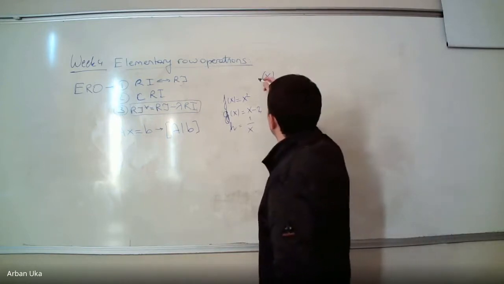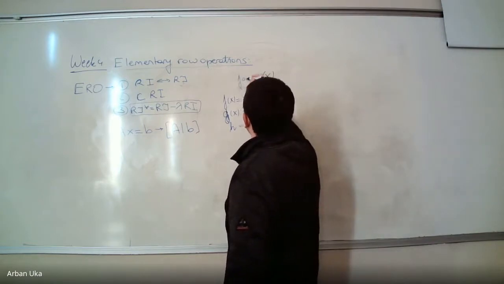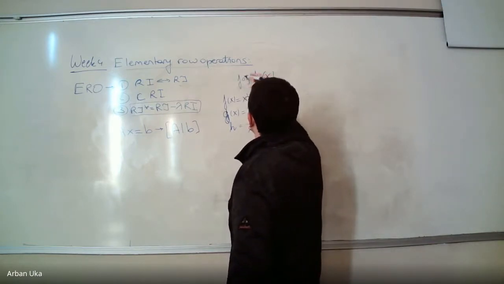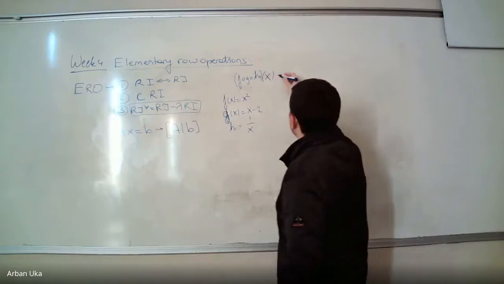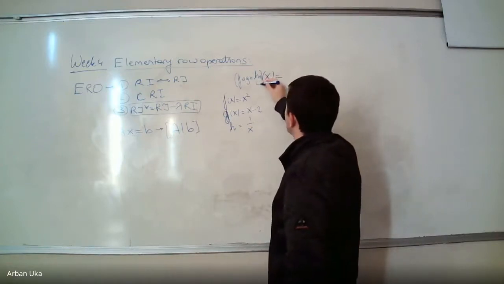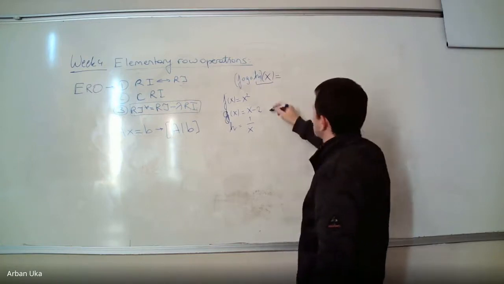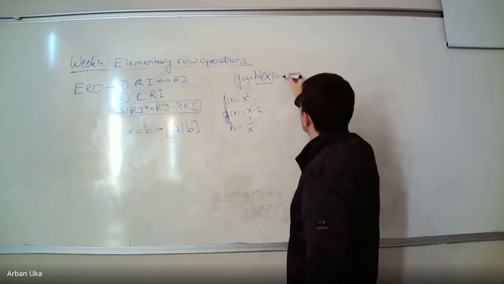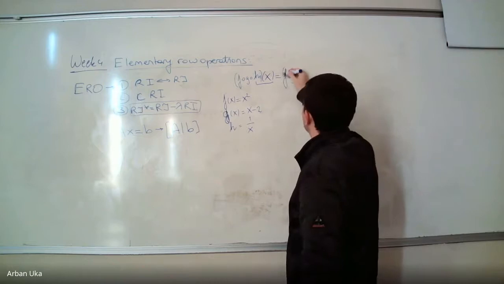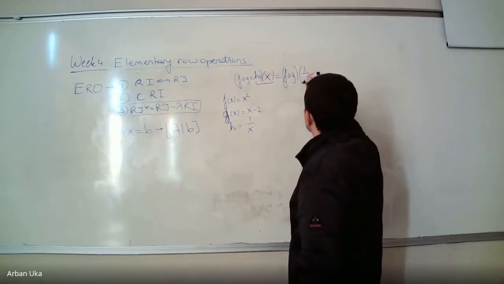And then if we want to find f of g of h, how do we find this? We first calculate h of x, which is 1 over x. So this is f of g of 1 over x.